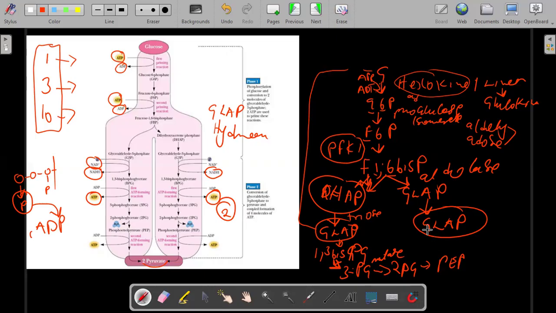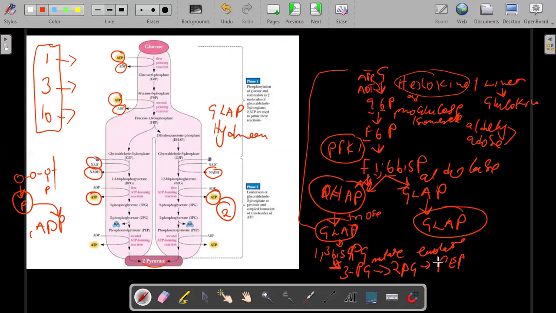That is done by the enzyme enolase. So we are converting 2-phosphoglycerate to phosphoenolpyruvate by the enzyme enolase.